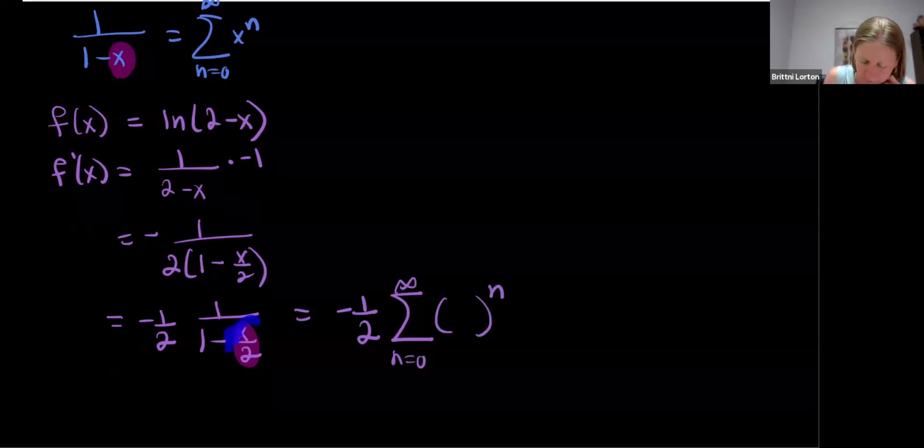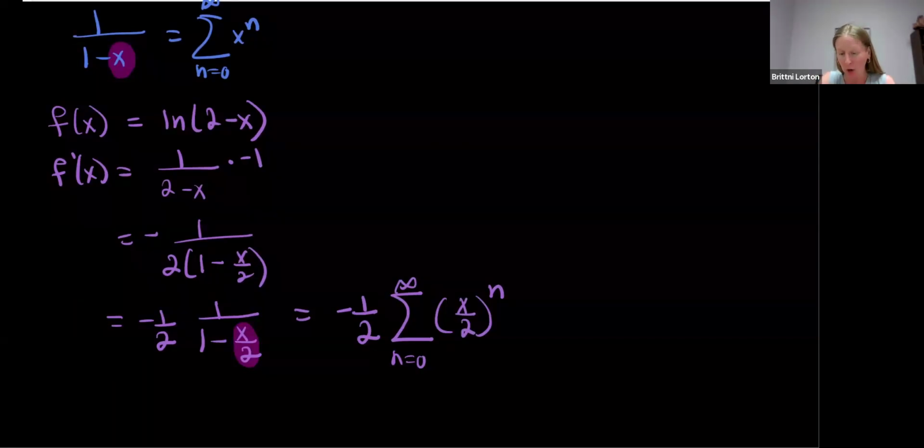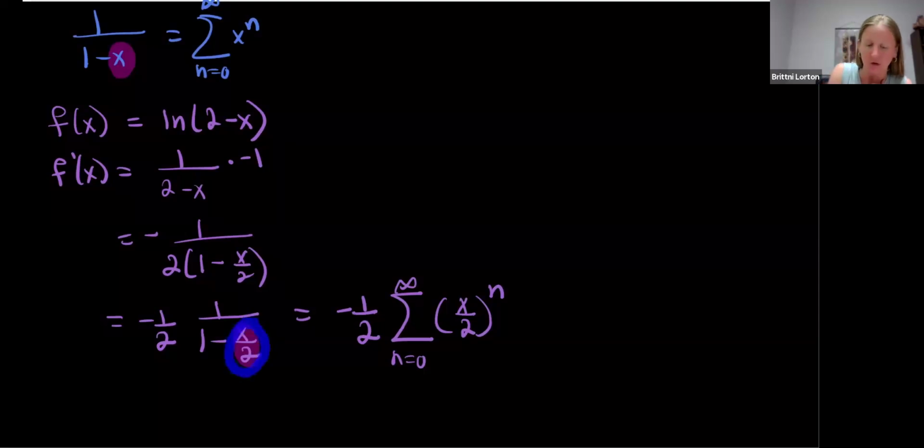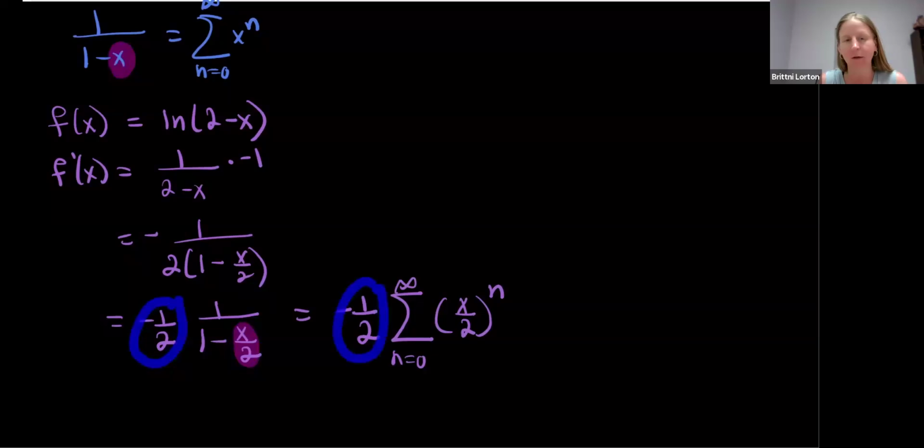But instead of an x, I have an x over 2. So that really should be an x over 2. You're trying to compare what I have versus what I know. What I have is the x over 2. What I know is if it were just an x. The -1/2 was just a constant multiple, so I just left it there and I'll deal with it later.